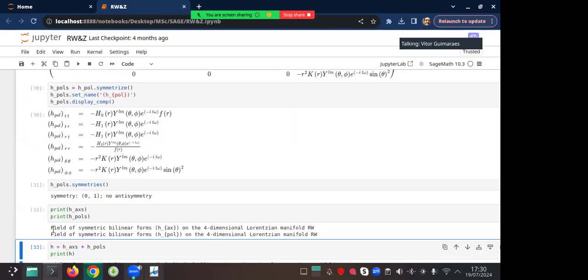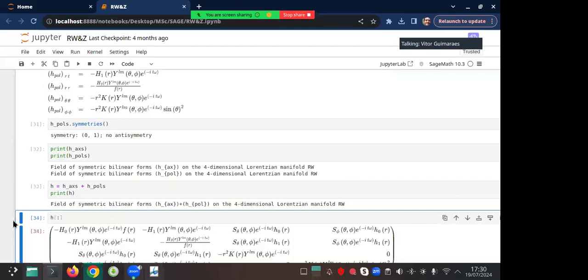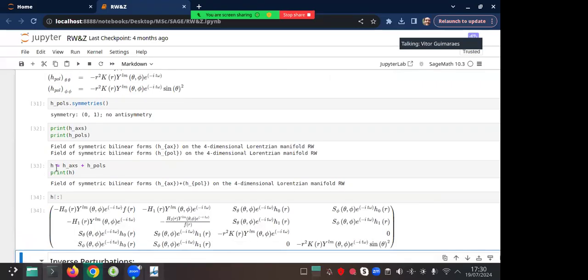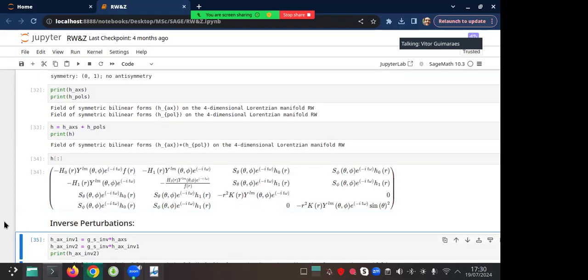So if we print them, we see that both are a field of symmetric bilinear forms, in the sense that both of them are 0-2 tensors in a four-dimensional Lorentzian manifold, which I called RW, for Regge-Wheeler. If I put both of them together, again, this is what the whole perturbation looks like, which is basically summing the two matrices.